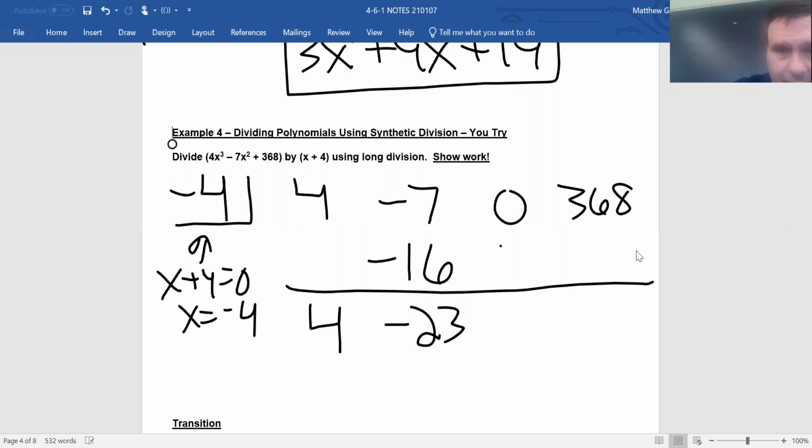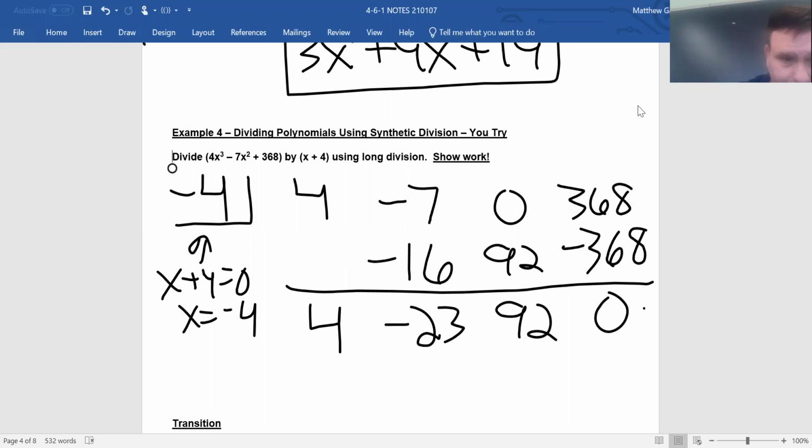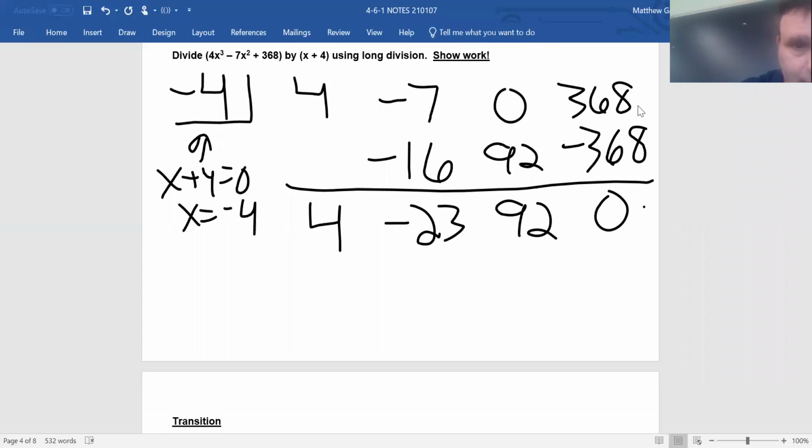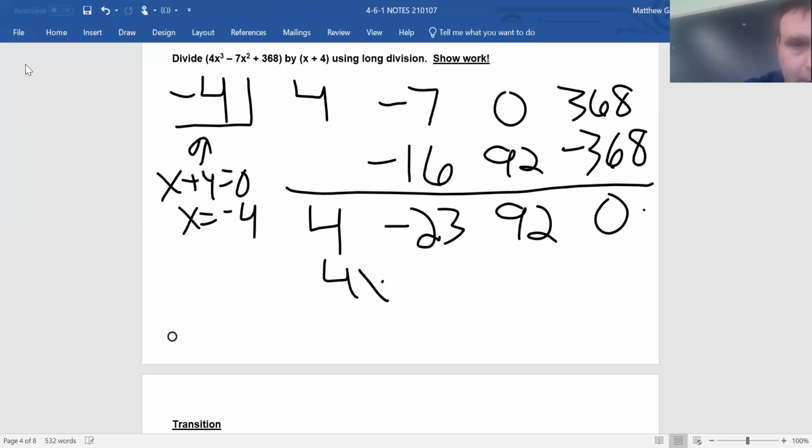So we got 92 here. 92 and 0 is 92. So times negative 4, that's why you got some crazy numbers here, because I just want to make sure your remainders are 0. So that's negative 368, and that's 0. You got 4x squared minus 23x plus 92.